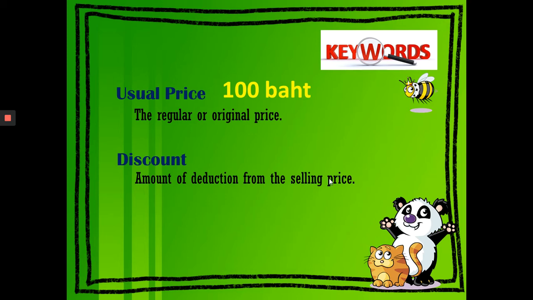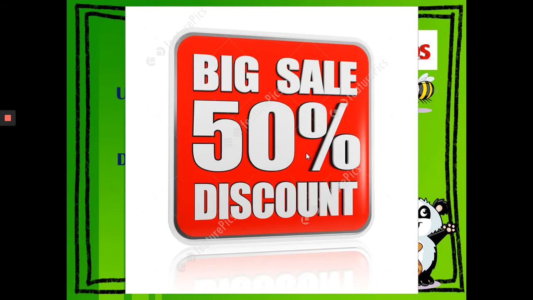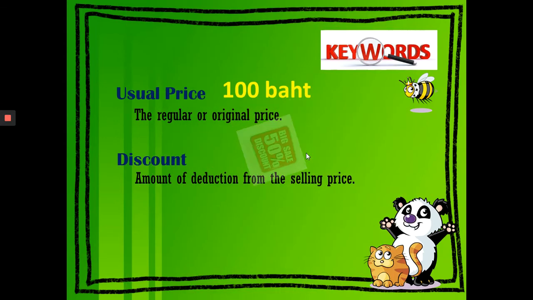Like for example, there is a 50% discount in that bakery, and that 100 baht cake has been on sale 50%. So that means you will only have to pay 50% of the usual price. So that's the discount, the amount to be deducted from the usual price.